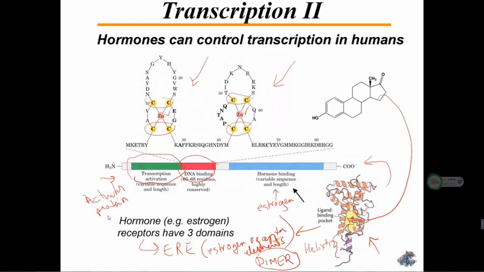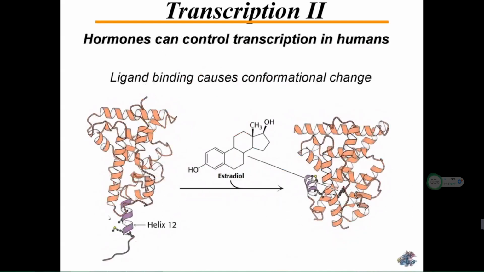Okay, so the receptor binds estrogens, and here is the example with estradiol. The carbonyl from estrone is now converted to a hydroxyl, so we have the hormone estradiol, and estradiol fits very nicely into that ligand binding pocket of the receptor.